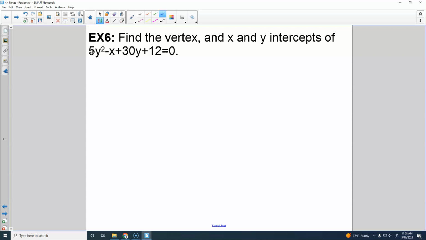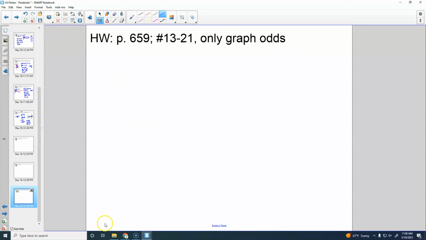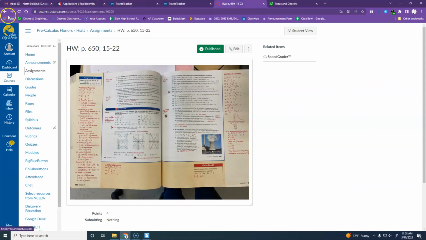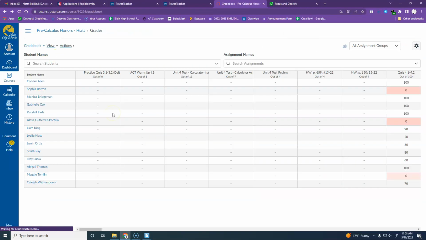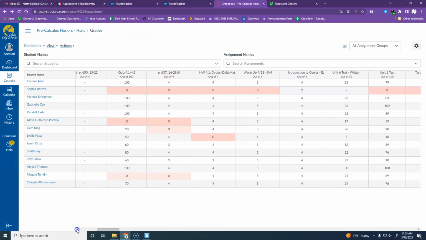I don't think I want to do this one either. Let me see if I put... Okay. I want to do one of these from your assignment. So if you want to just get a sheet of paper, this will be from your assignment, so you'll have one of them done.